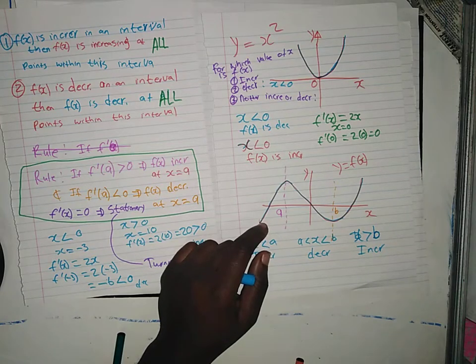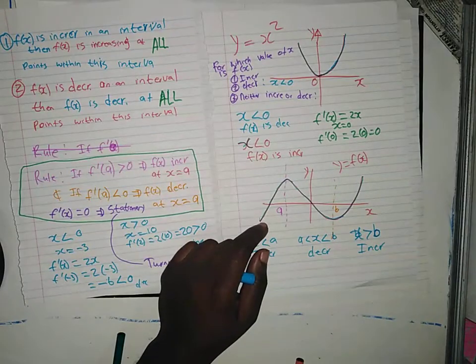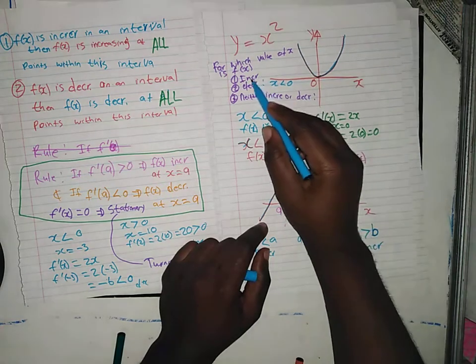If they say use the graph, then you don't have to show how you calculated. You must just observe and then say. If they say use the graph, you must just give the answers. But if they don't say use the graph, you must show them. You must show them that you've calculated the derivative and then you've picked any value in the interval and then you've checked it.